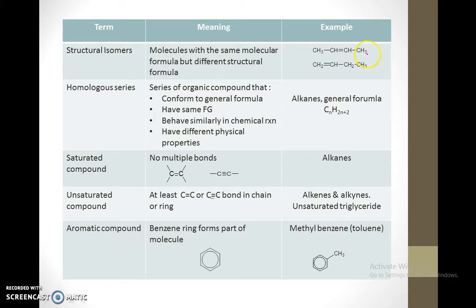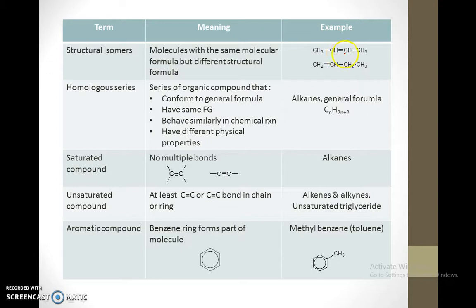If you count the total number of carbons, both are the same, C4. Same goes with the hydrogen: 3 plus 3 is 6, 6 plus 2 is 8. The second organic compound also has 8 hydrogen, but the difference is the arrangement of the functional group.